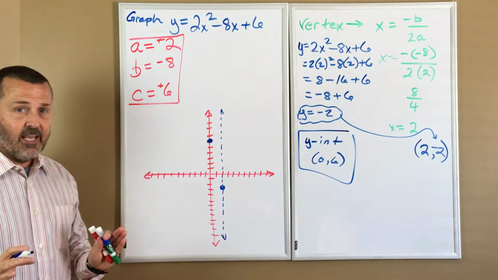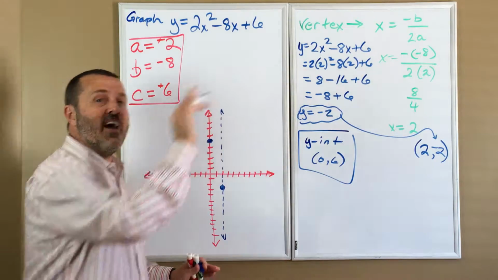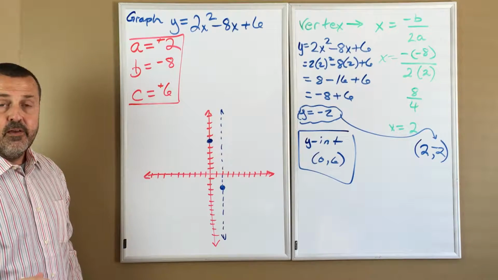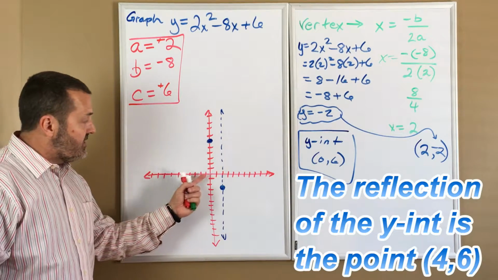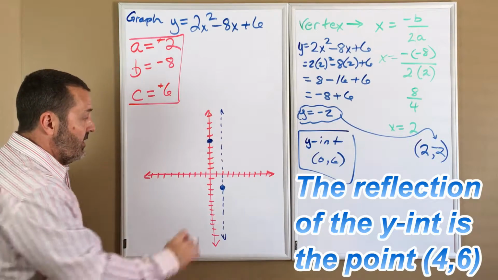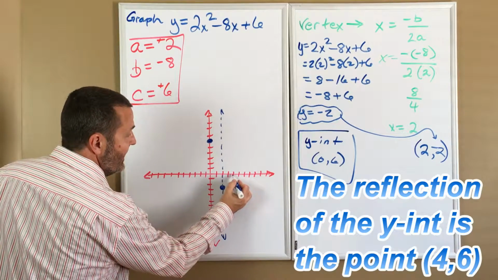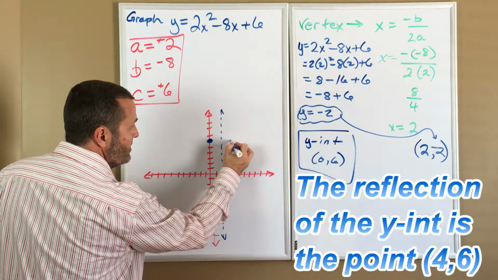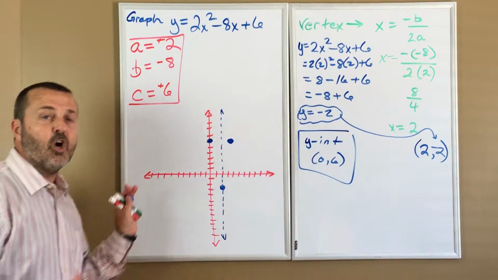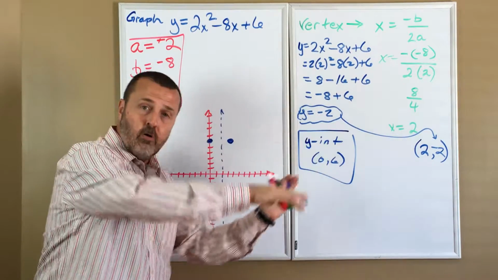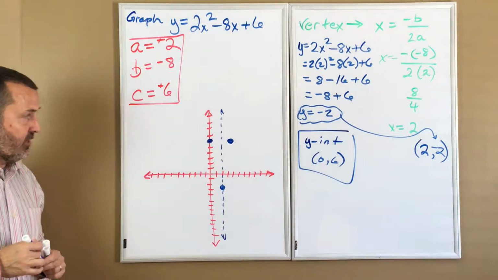Now here's the key. We need to create a point on that side of the axis of symmetry. So if this is 0, 6, let's go 2 units on this side of the axis of symmetry, and then up to the 6, and we reflected the y-intercept across the axis of symmetry.